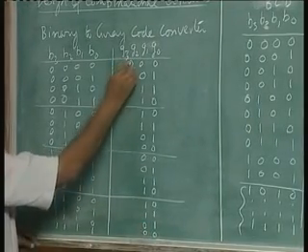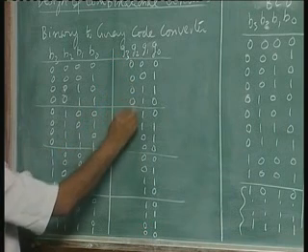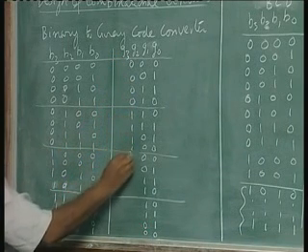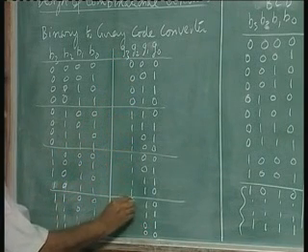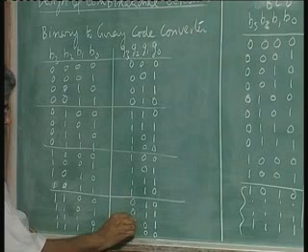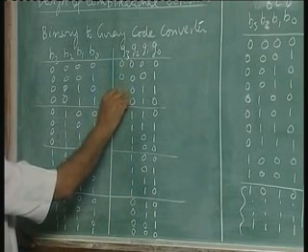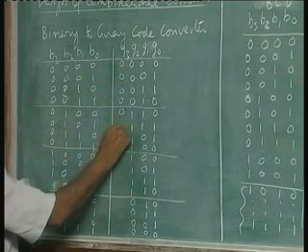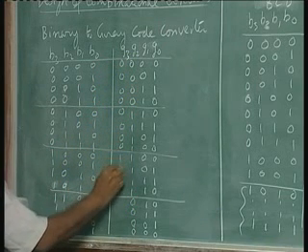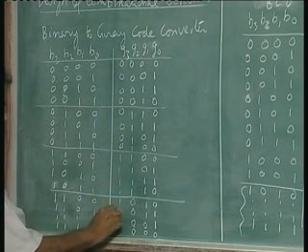G2 will be 0, 0, 0, 0, 1, 1, 1, 1, 1, 1, 1, 1, 0, 0, 0, 0. G3 will be 0, 0, 0, 0, 0, 0, 0, 0, 1, 1, 1, 1, 1, 1, 1, 1.